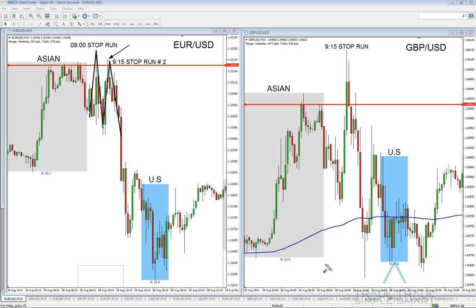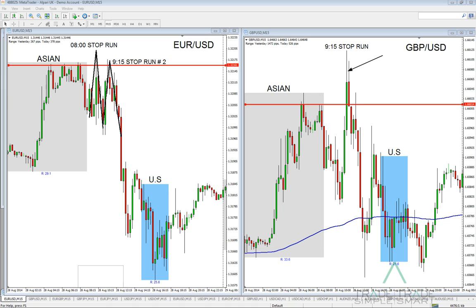Now if we switch over to the sterling against the dollar, we notice that at 9:15 we also get a stop run of the Asian highs. Okay, so we have a correlation of stop hunts on correlated pairs.